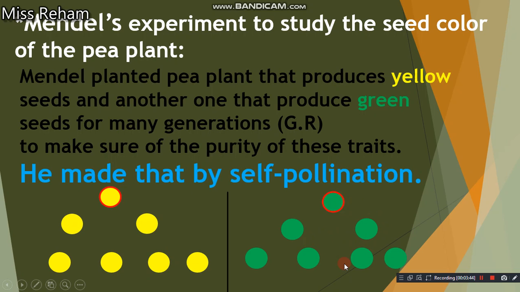On the other hand, he concluded that the green seeds is a pure trait. Why? Because during planting seeds with green seeds, he observed that the first generation and the second generation and all of the generations contain green seeds only. Okay?